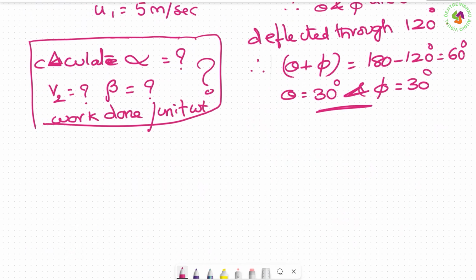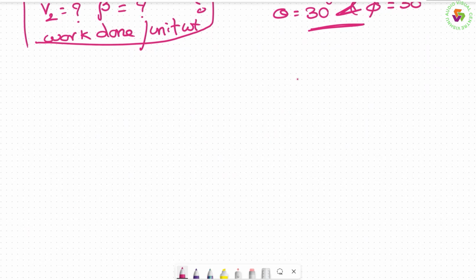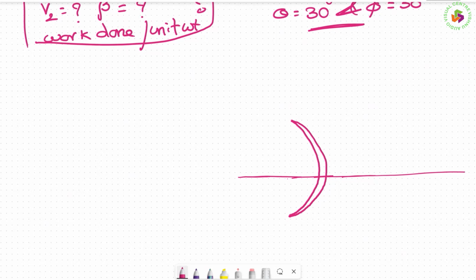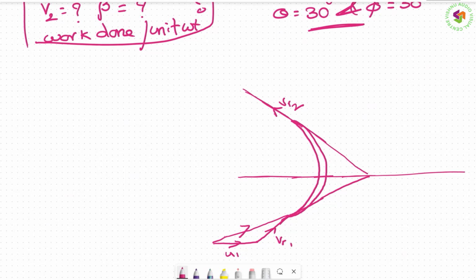So now let me draw the velocity triangles and then understand the problem. So this is the alpha.